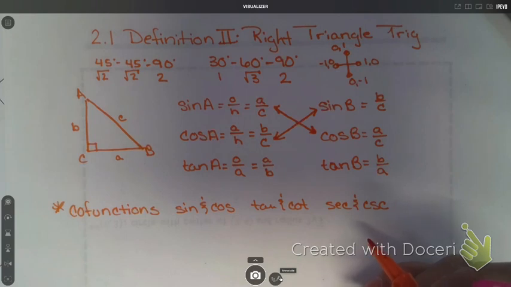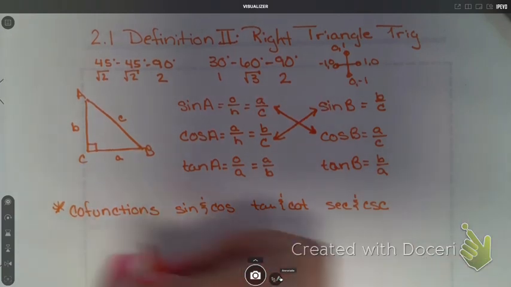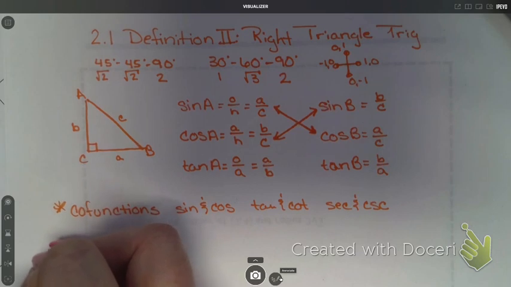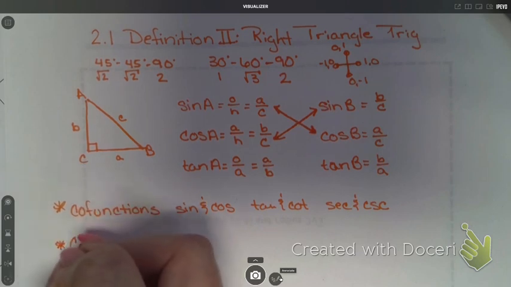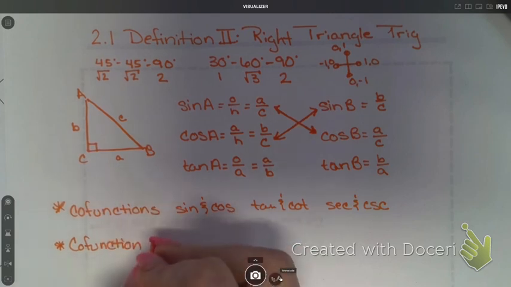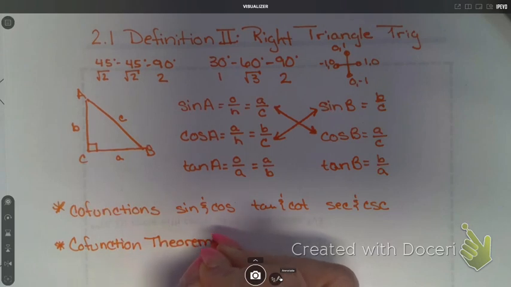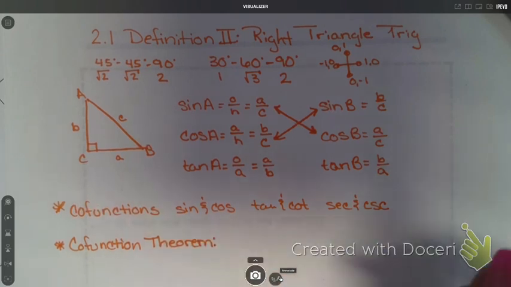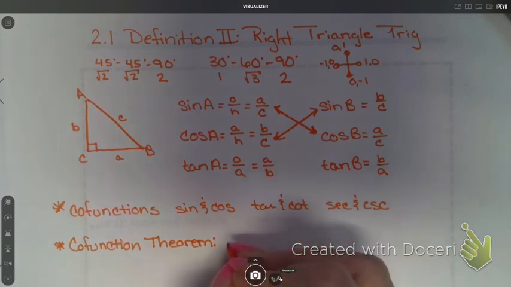Complementary. Okay? So the cofunction theorem says that the trig functions of an angle is always equal to the cofunction of the complementary angle.